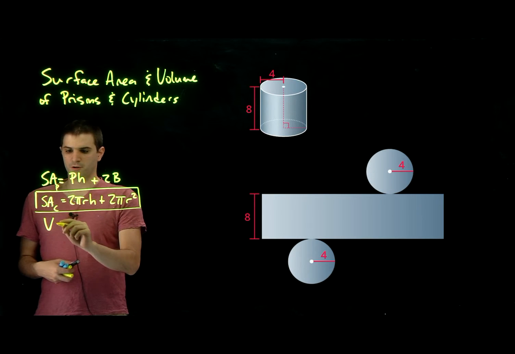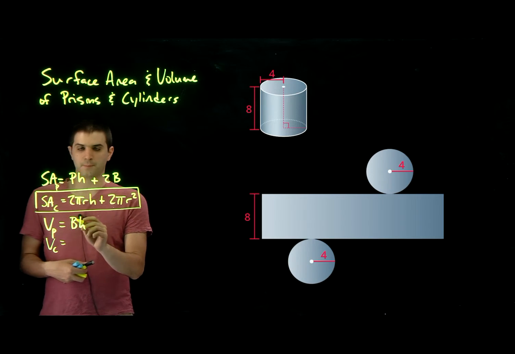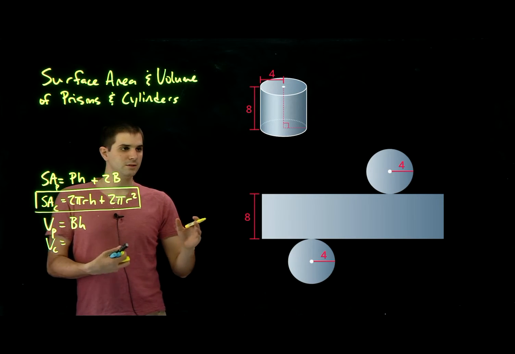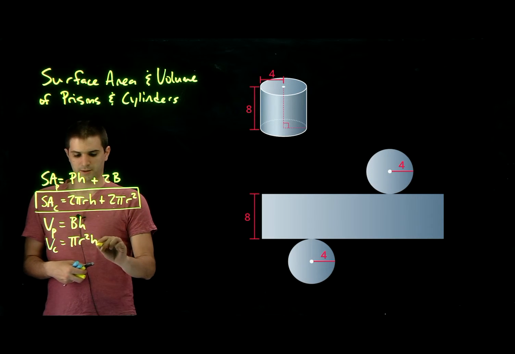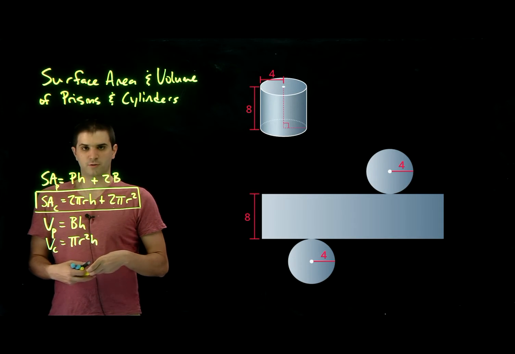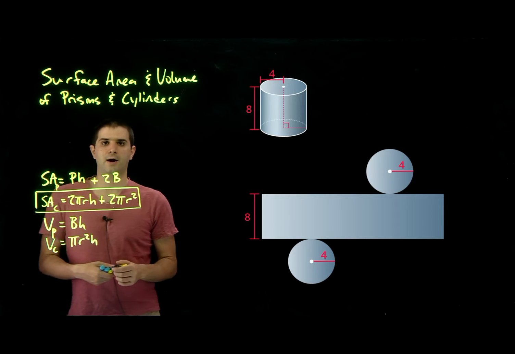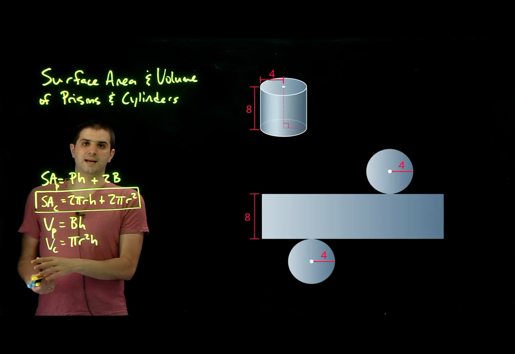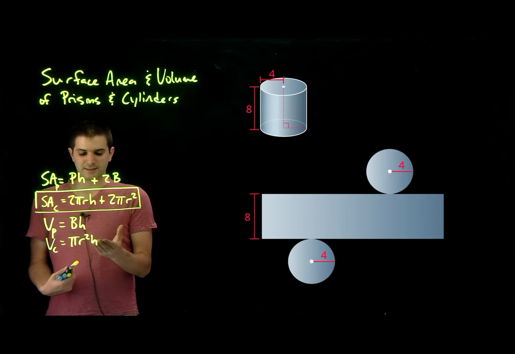Similarly, the volume of a prism is area of the base times height. So the volume of a cylinder, well, the base here is going to be a circle, so it's going to be pi r squared h. I walked through in the last video that idea of building up units and how that looks in a rectangular prism and a pentagonal prism. The same idea is going to be here.